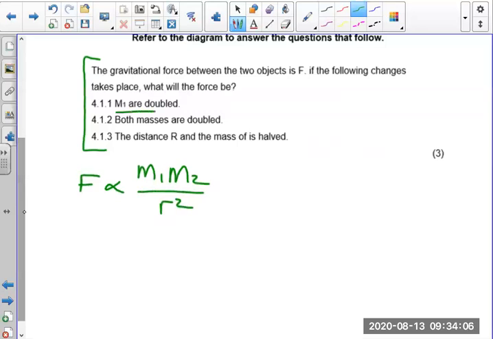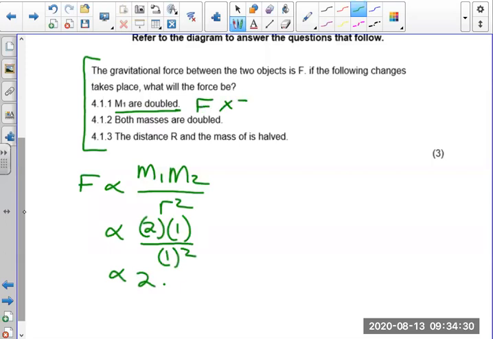So they just say M1 is double. If they don't say anything about the others, then it stays 1. So M1 is double, so I'm going to use a 2 there. This one is a 1. The distance between the two remains the same. So what's going to happen to the force? The force is going to be 2 times greater. So you're going to say force is going to be times 2.